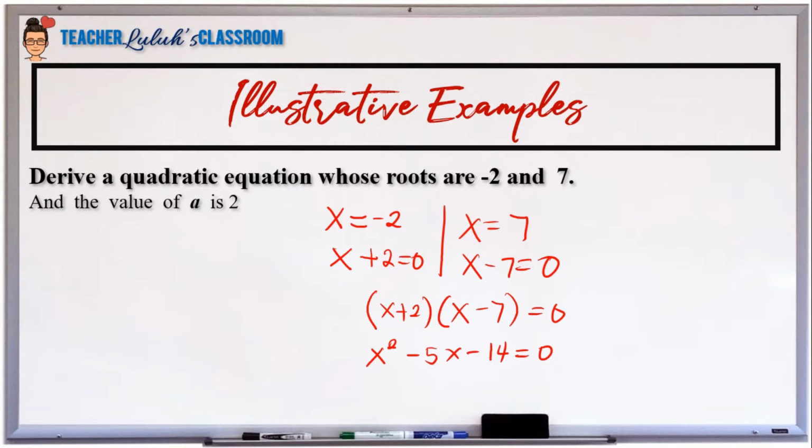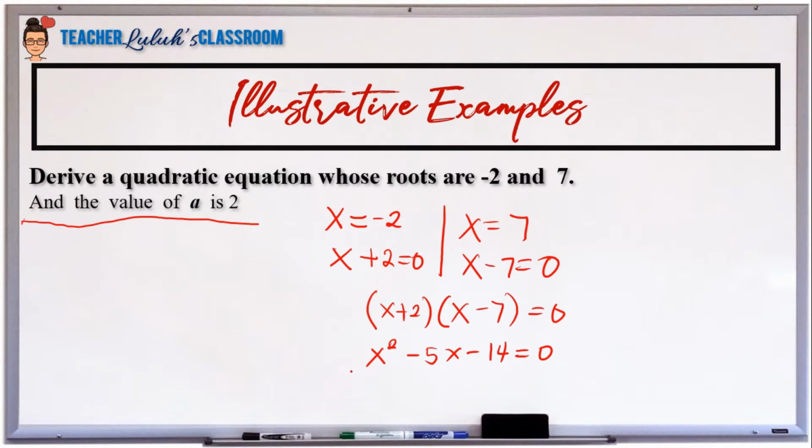So we now have our quadratic equation. But this time, a specific condition was given: a should be 2. So in order for us to have a as 2, we need to multiply this by 2.